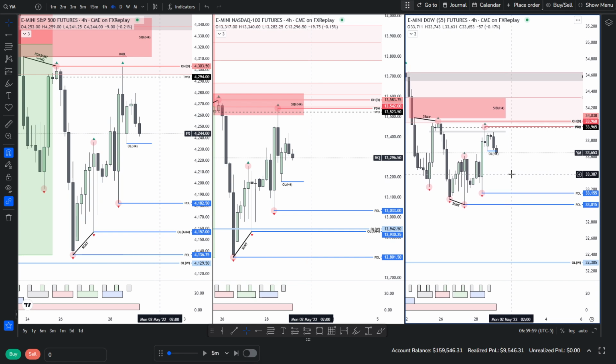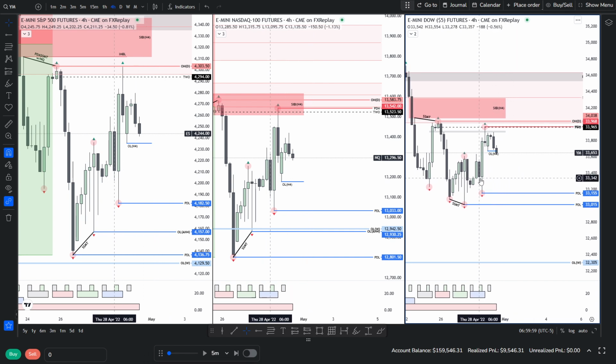Okay. So we've got that. Do have an imbalance there. We obviously have, that's the start of the new day there. So we can see our close there.